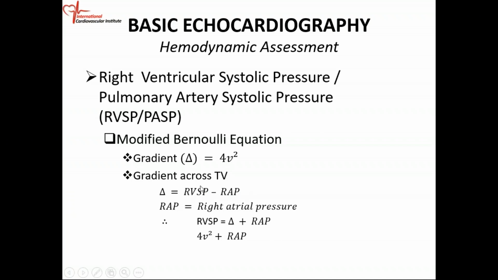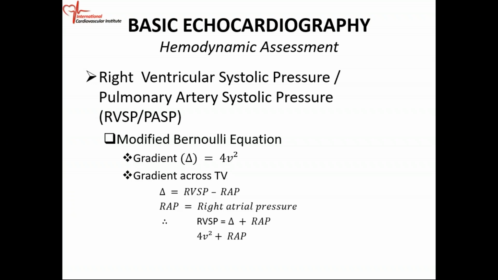Because remember now, when you have tricuspid regurgitation, the blood is flowing from the right ventricle into the right atrium in systole. So therefore you have a gradient. And the gradient is the RV systolic pressure minus the RA pressure.